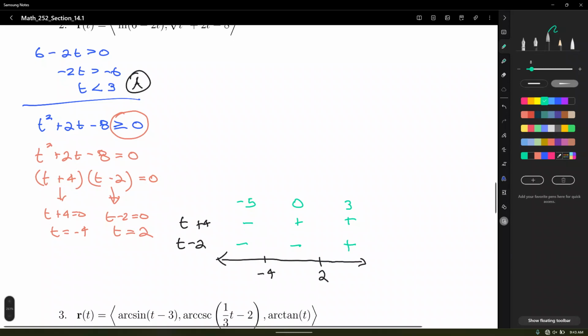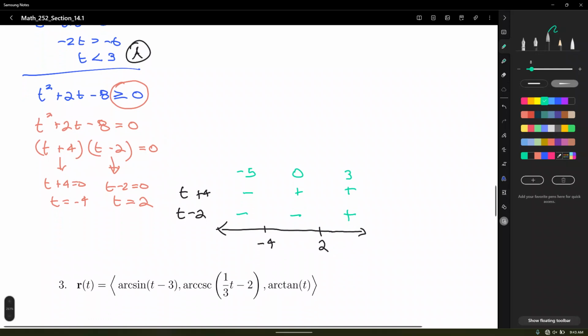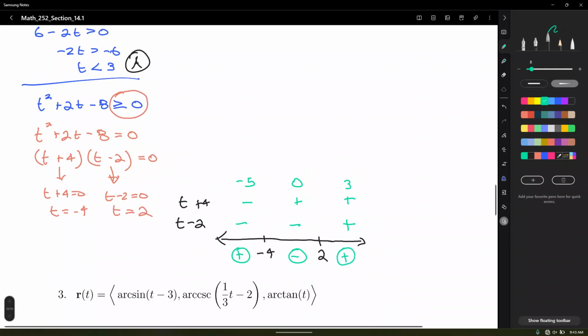All right? Now, this is what we're going to do. We're going to multiply each column of signs. So this will be negative times a negative. What is that? Positive. Positive times a negative. Positive times a positive. We're good to go back to the inequality. They're asking us for greater than or equal to 0. What does that sound like? Positive or negative? Okay, so we're going to shade the positive intervals here.